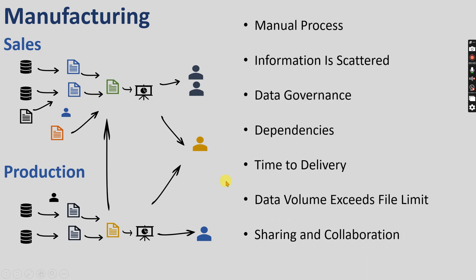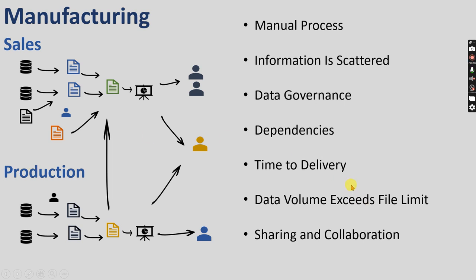So what are the challenges of this process? Everything is a manual process. Information is scattered. He has certain information, and there are a lot of dependencies between them. Let's say he has to deliver this report every bi-weekly, but during that time this person is on leave. There is no way this report can be generated, and this person has to wait until that person generates it.